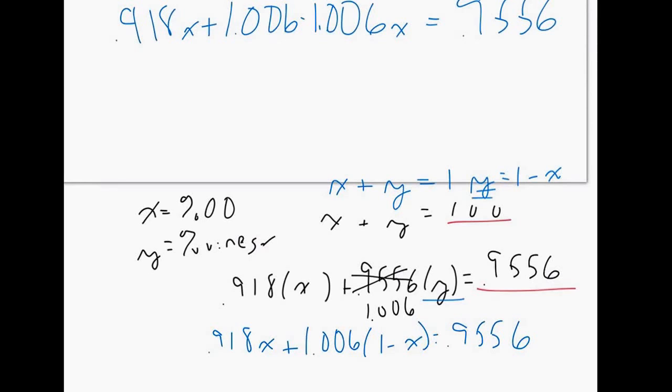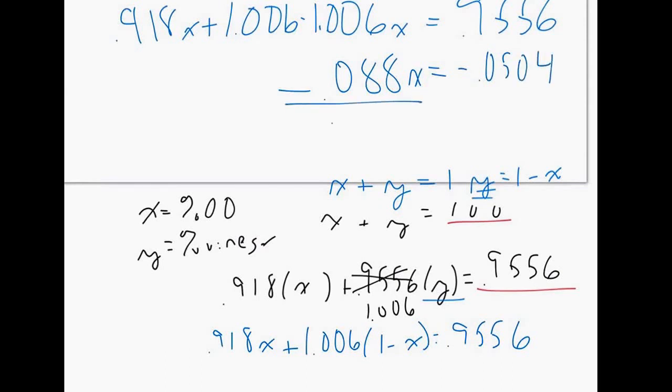So 0.918x plus, minus 1.006x is negative 0.088x. Equal to 0.9556 minus 1.006 is negative 0.0504.